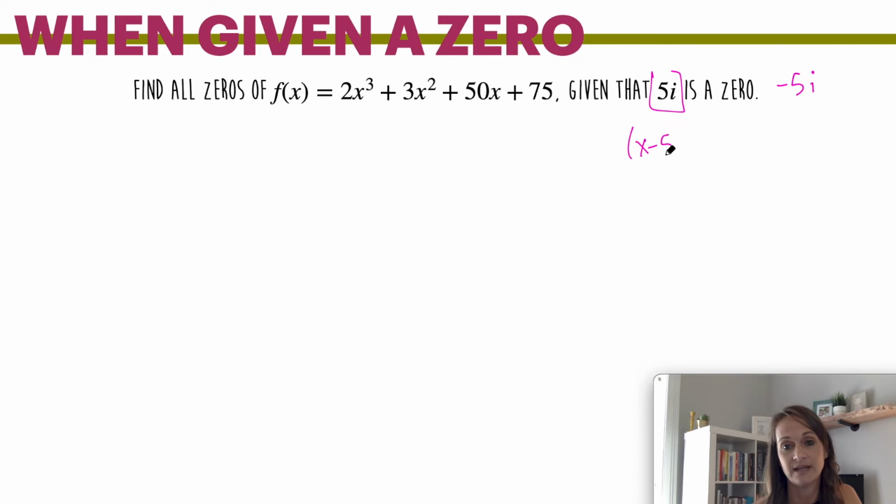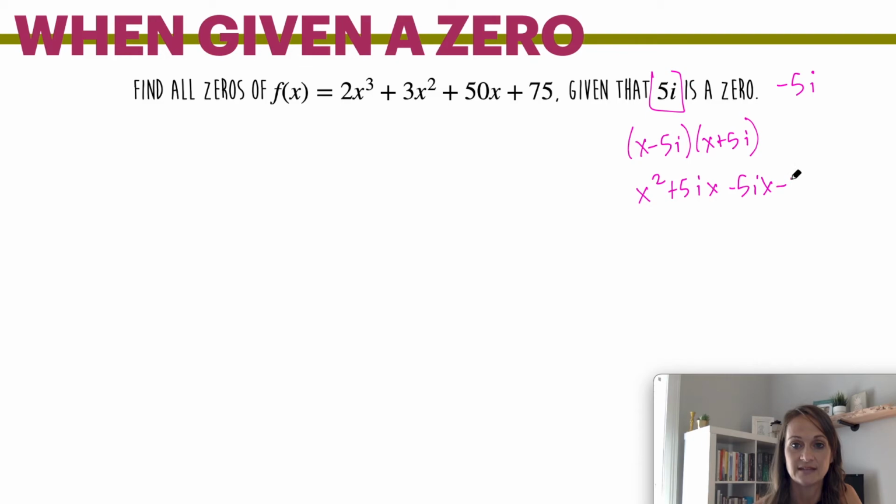So x minus 5i and x plus 5i, which means x squared plus 5ix minus 5ix minus 25i squared. The two cancel, leaving you x squared plus 25, because remember, i squared is negative 1. Negative 25 times negative 1 is a positive 25.